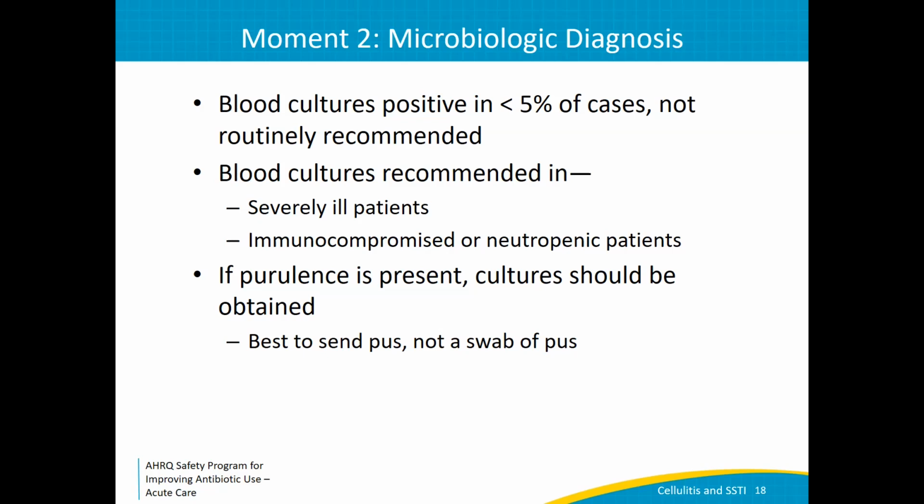In a situation like this, you could also thoroughly clean the surrounding skin, and then use a swab to collect that pus. But you should just bear in mind that the swab is not as good quality of a sample. It might not be as diagnostically helpful as a fresh pus sample from an I&D.